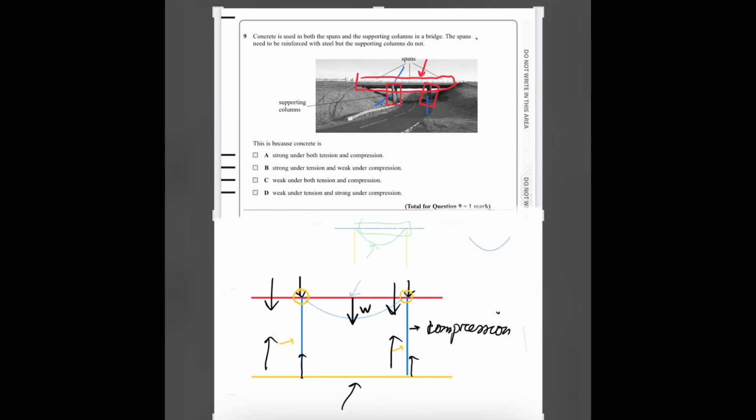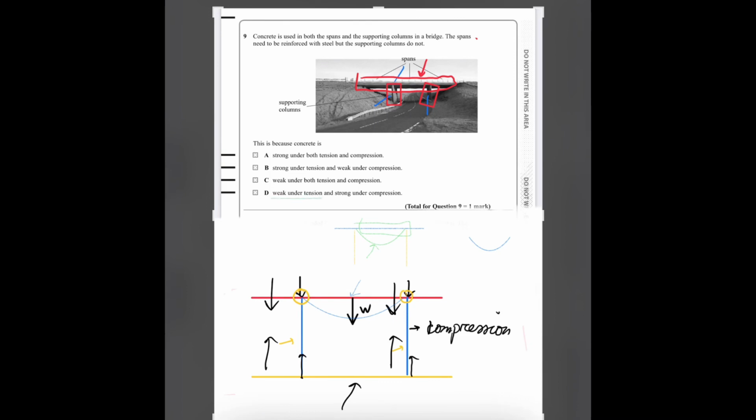So it means that the span is under tension force and the supporting columns are under compression force, right? So since the span is made of both brick and concrete, it means that the concrete cannot support the span itself. And since the span is under tensile force or is under tension, it means that concrete is weak under tension.